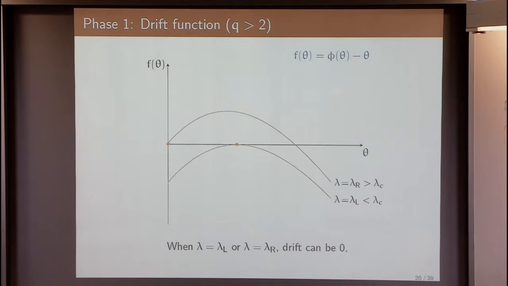So here are the two special points. The curve corresponds to the two extreme points, lambda_L and lambda_R, and the main issue here is that there are these 2 zeros, and the drift essentially becomes 0 at these points. So we have to do something different because we have negligible drift. And in fact, what we're able to use is that there is enough variance to push you out of this interval.